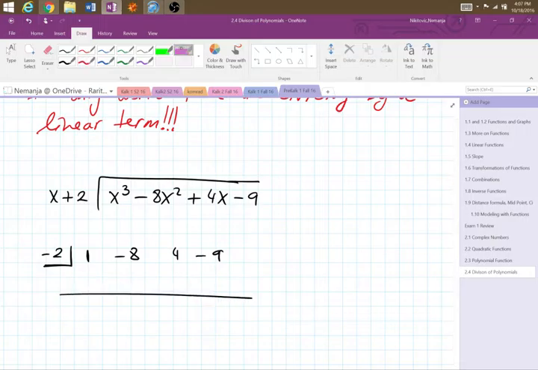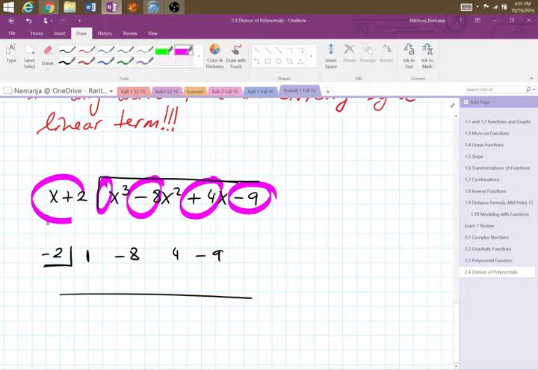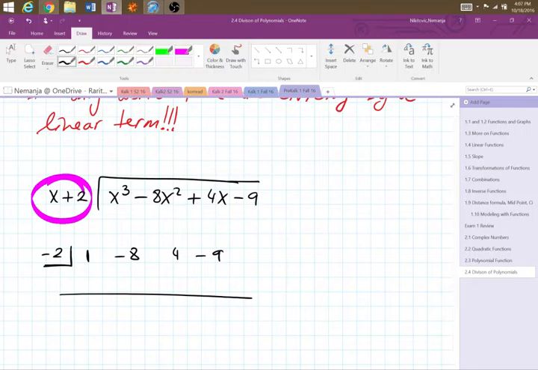Where did you get the negative 2? It's the root of x plus 2. If x plus 2 is equal to 0, then x is negative 2.